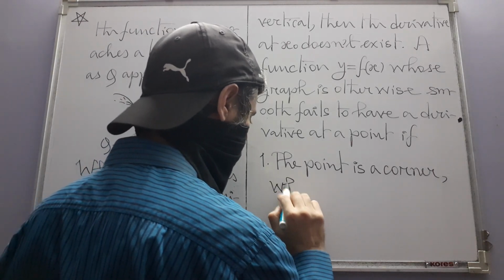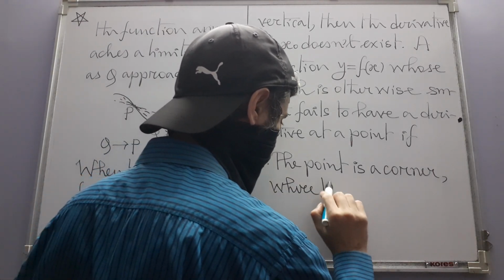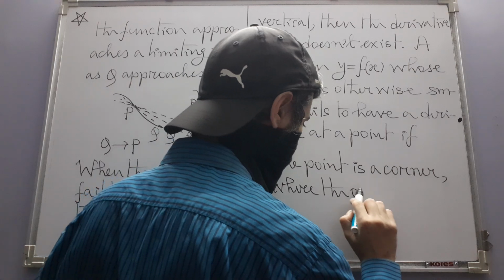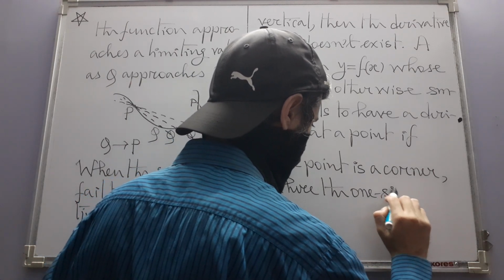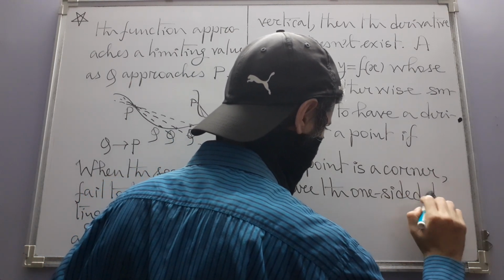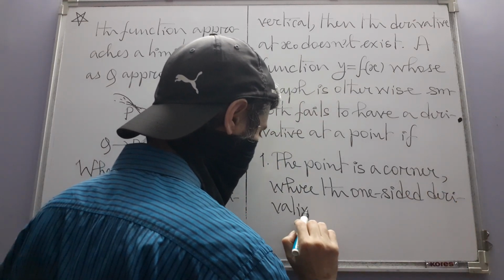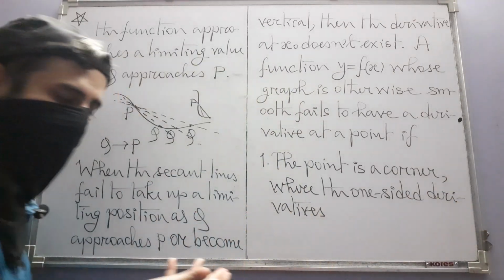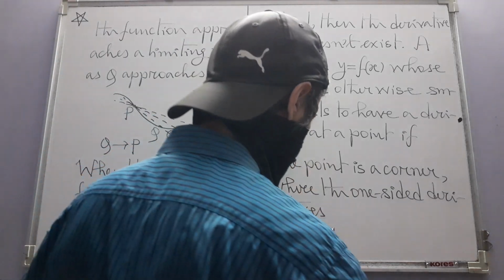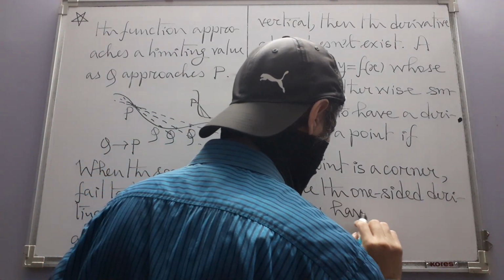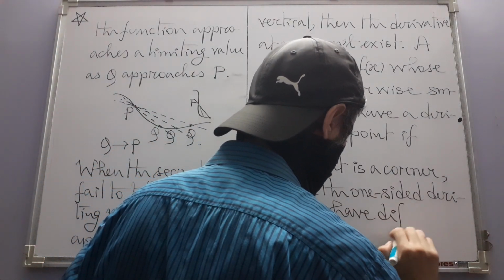Where the one-sided derivatives, that is the left hand derivative and right hand derivative, have different values.